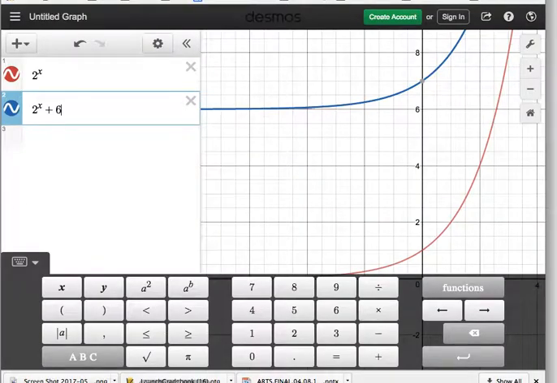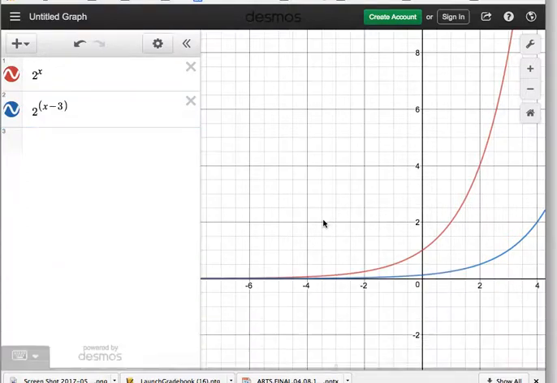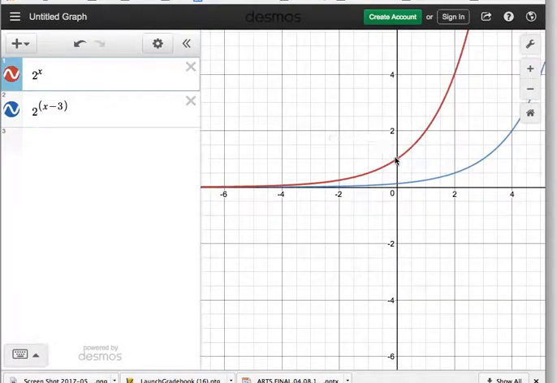Let's see what that does. You can see that what happened is from the red to the blue, it shifted right 3 units.